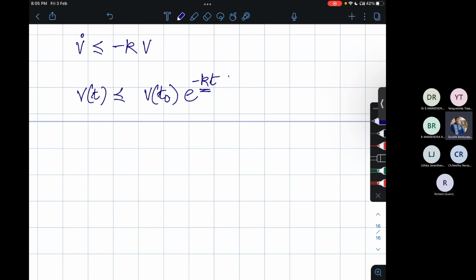It is an exponential result with time constant 1 by k. As you increase k, the faster the system is. Yeah, that's clear. Thank you. So even without integrating the system dynamics, the Lyapunov function can tell you how fast this is converging. That's the beauty of it.